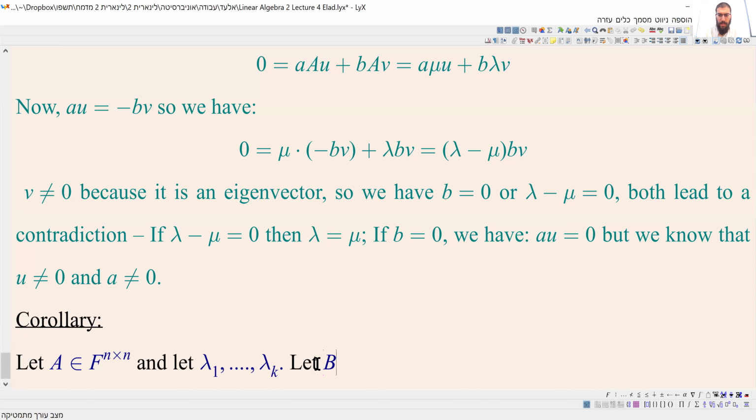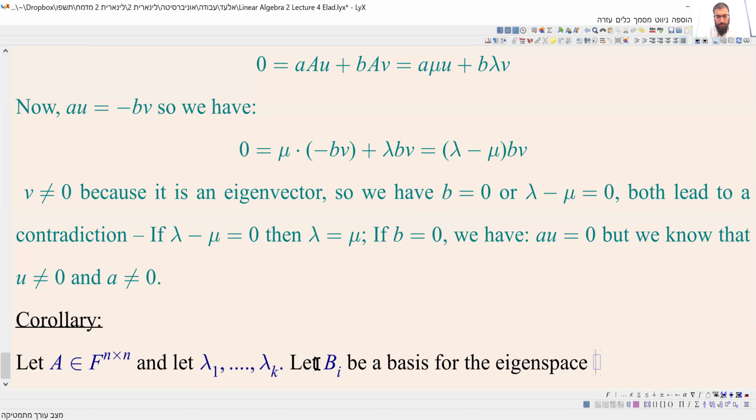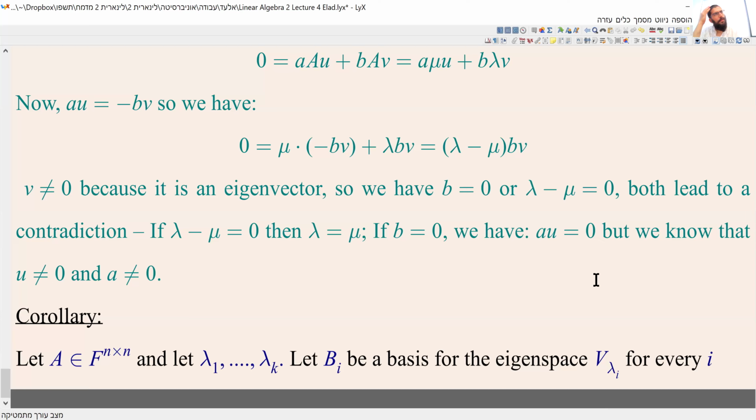Let Bi be a basis for the eigenspace V of lambda i. Again, the eigenspace is the vector space spanned by the eigenvectors of lambda. Each eigenvalue has, first of all, an infinite number of eigenvectors.